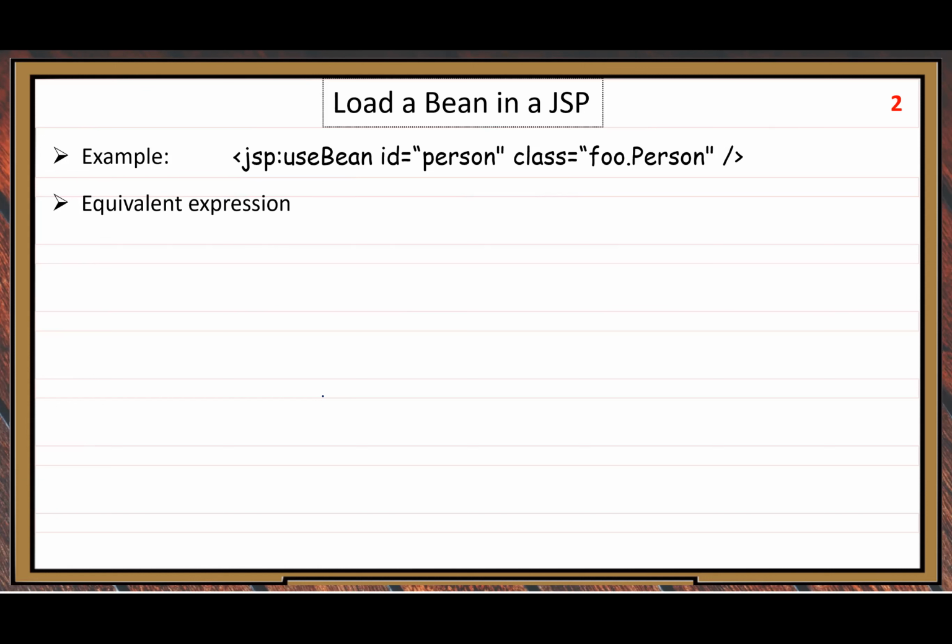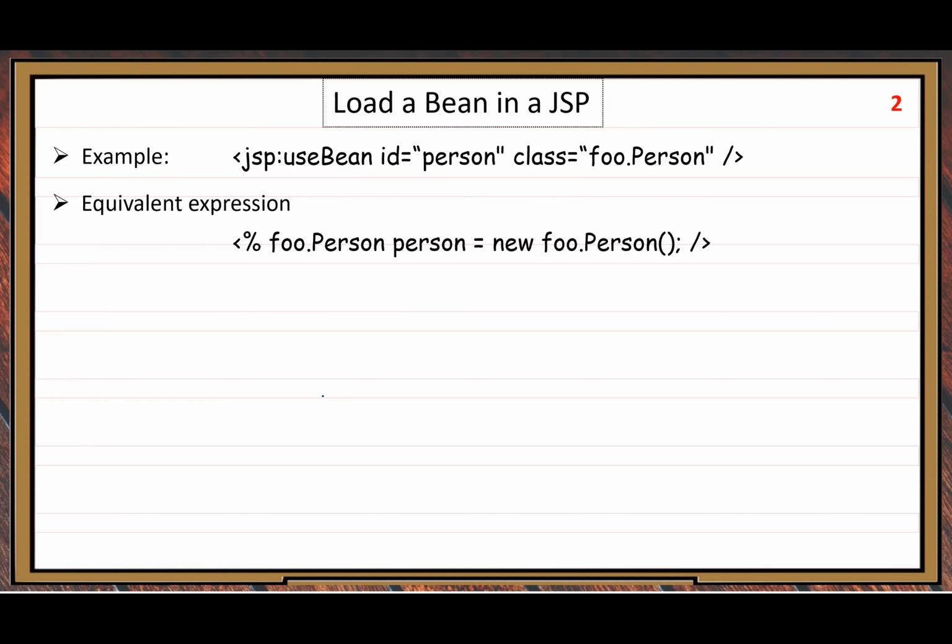Equivalent expression. Here I want to explain: the equivalent expression tells you how the container implements this line. ID is the reference, then the class tells you which bean class you need to use.